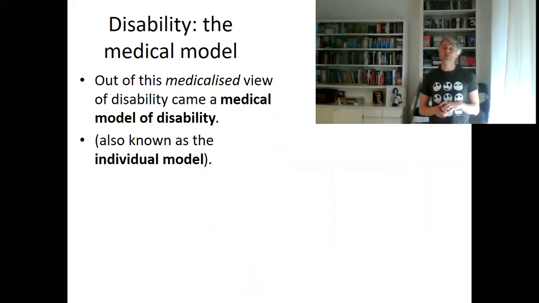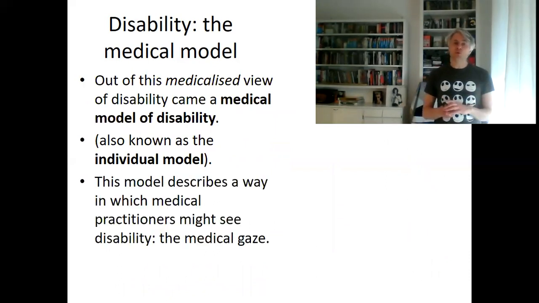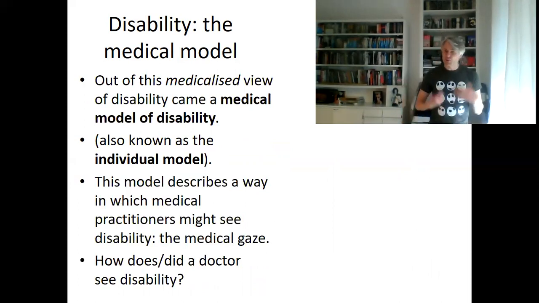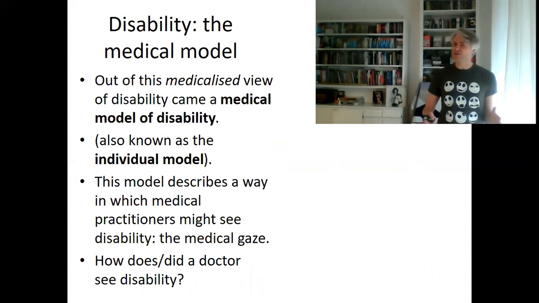Also called the individual model, different word, same concept. The model describes the way in which a medical practitioner, a doctor, might see disability, their medical gaze, so to say, their medical perspective. So my question for you to pause and think about with your partner: how does or how did a doctor see disability? Pause here.